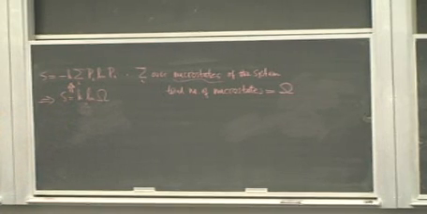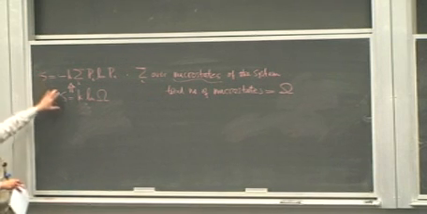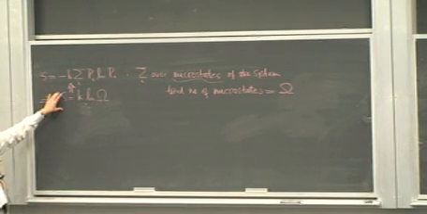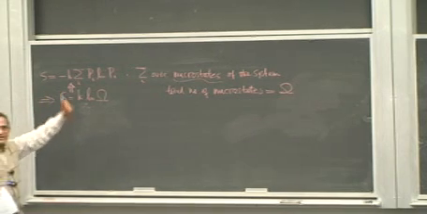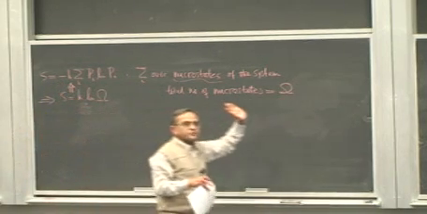Starting from S equal to K log omega, we go back and derive S equal to minus K sum over I Pi log Pi. Why do we do that? Isn't it convincing enough that these two are equivalent definitions of entropy? It is convincing enough that these two are equivalent definitions of entropy.